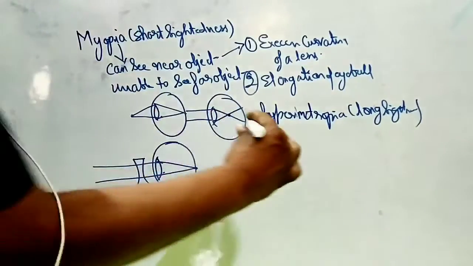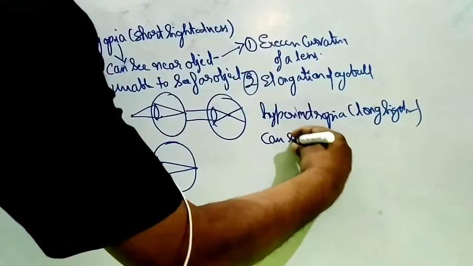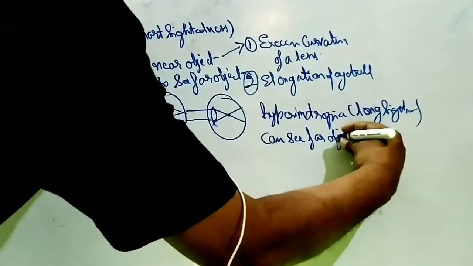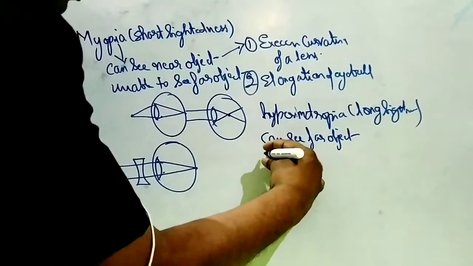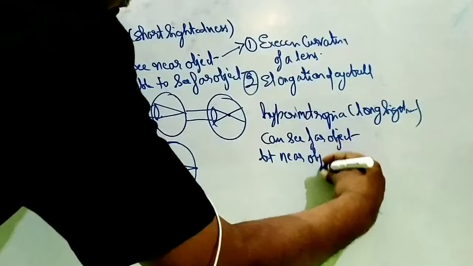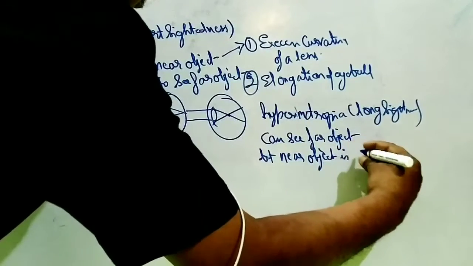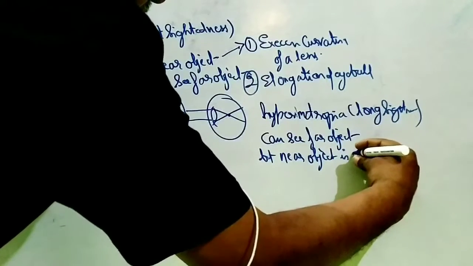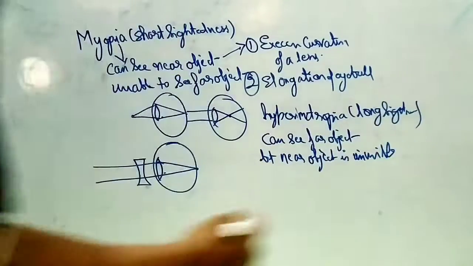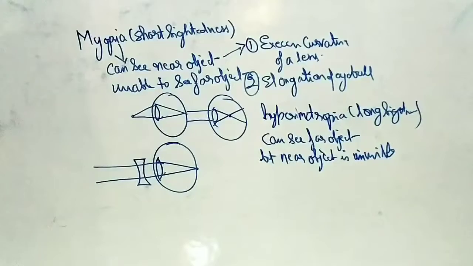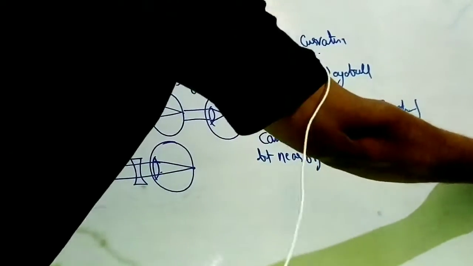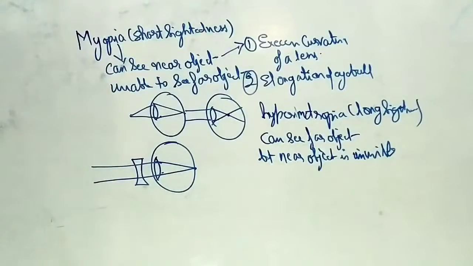In a long sightedness, person can see a far object but near object is invisible, means a person cannot be able to see the near object in hypermetropia. Now what happened in that case?